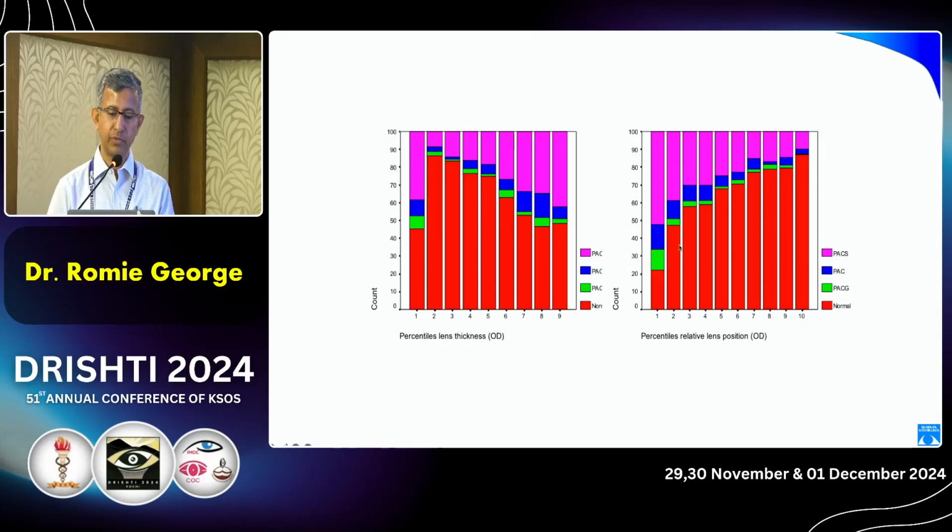Once you factor that into the equation, you again see the same sort of picture: the eyes with the most anterior relative lens position were most likely to have angle closure as compared to eyes with the most posterior lens position. So what this tells you is that the lens does play a role, but it is not a consistent role. The role of the lens is dependent on the size of the eyeball and the crowding of the anterior segment. So knocking off the lens in everybody just doesn't make any sense.